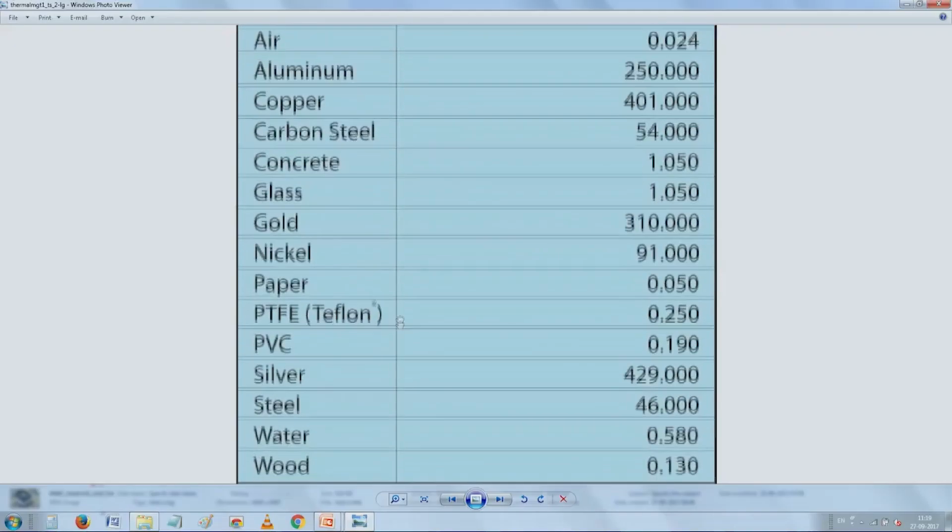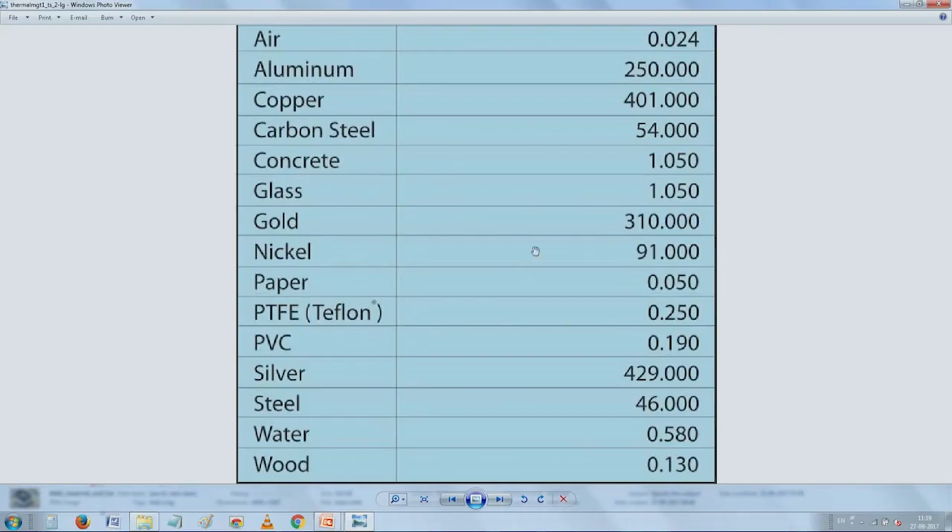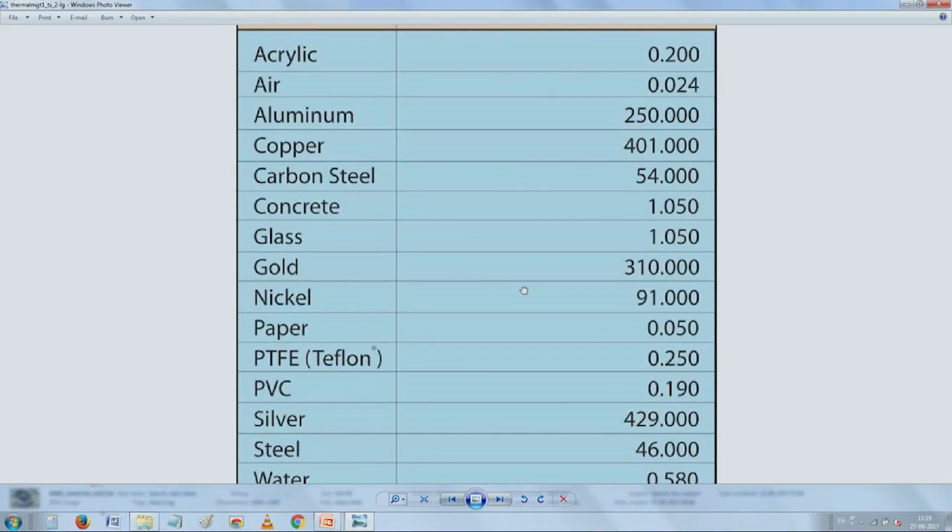The simplest insulation we think about is probably PVC, PTFE or paper, but all of them now seem to be not so great. Thermal conductivity is not good.